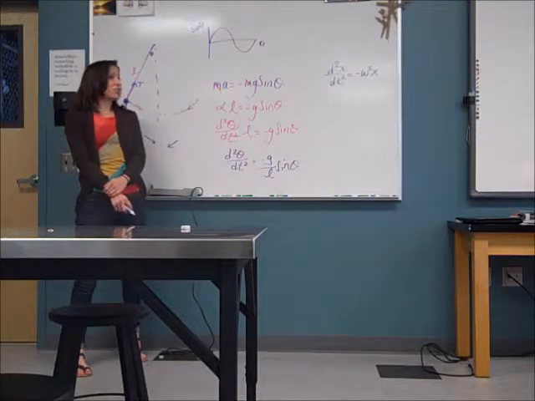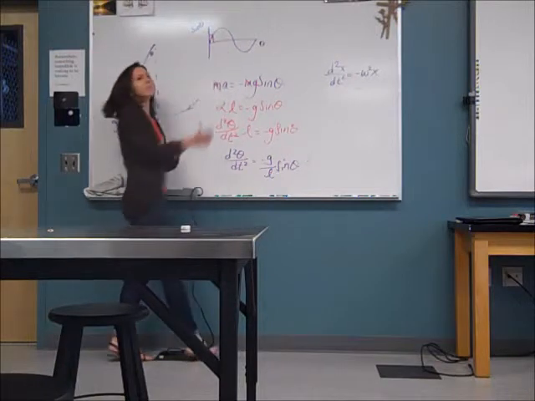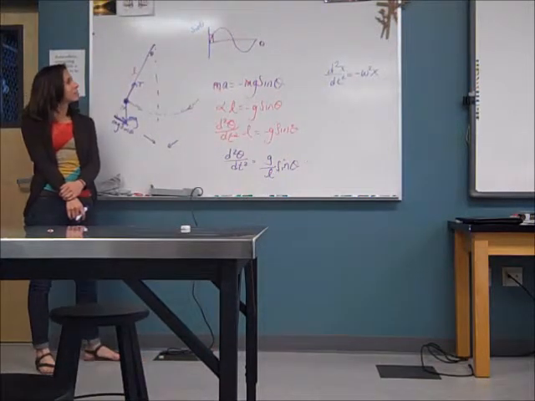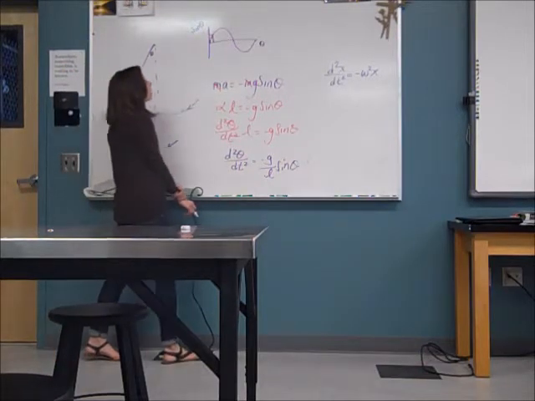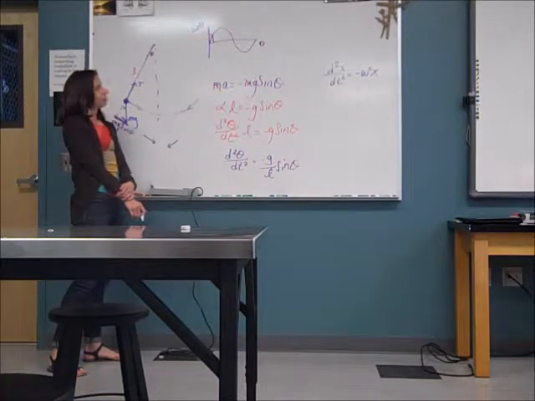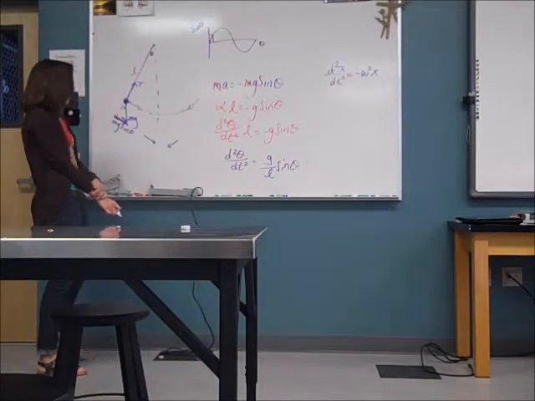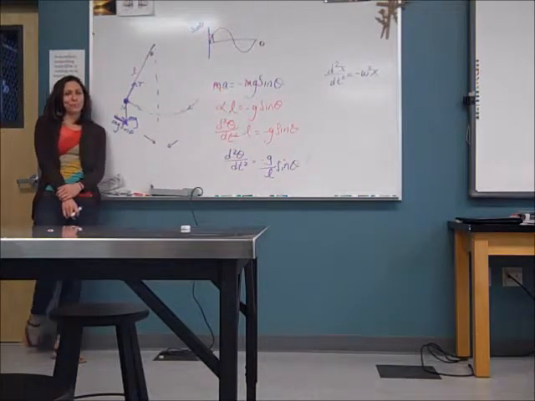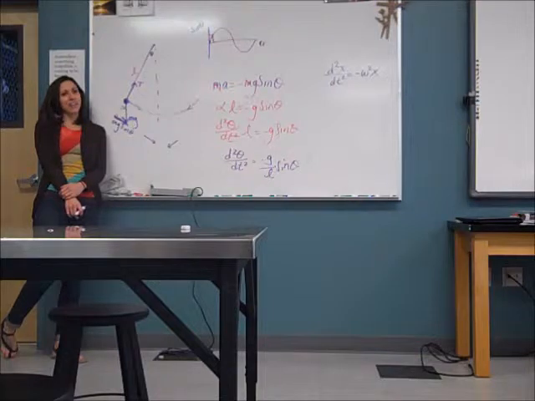What if I zoom in on this part of the graph? It looks like a straight line. And the slope of that line is 1. Which means for small angles, sine of theta is equal to theta.